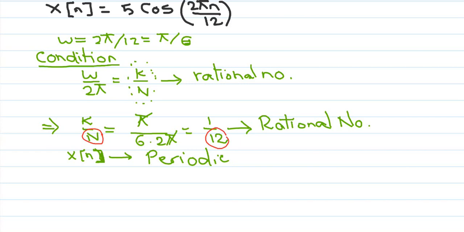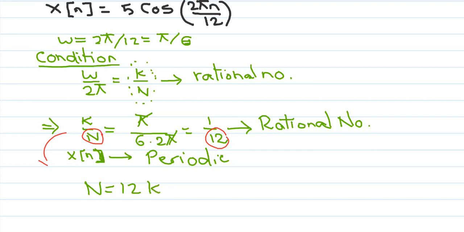Another way is to take the same thing, k by n is equal to 1 over 12. From here we find the value of n. So n will be equal to 12 k.